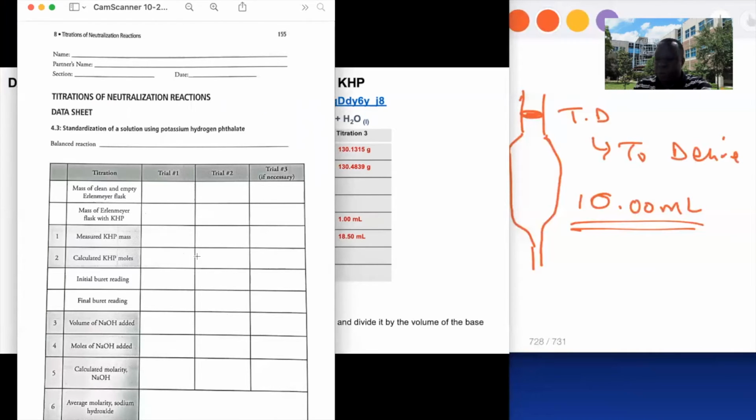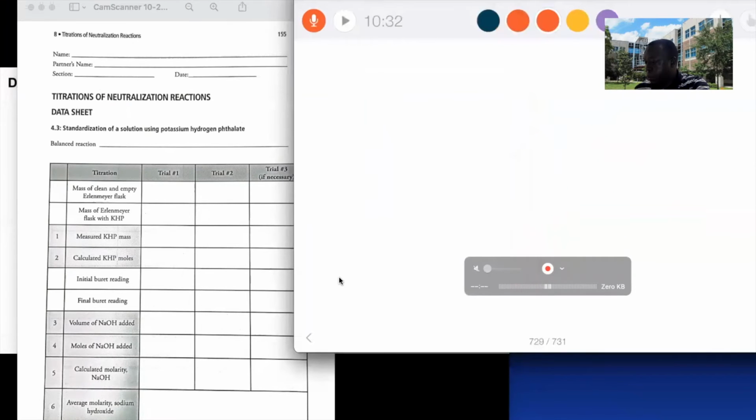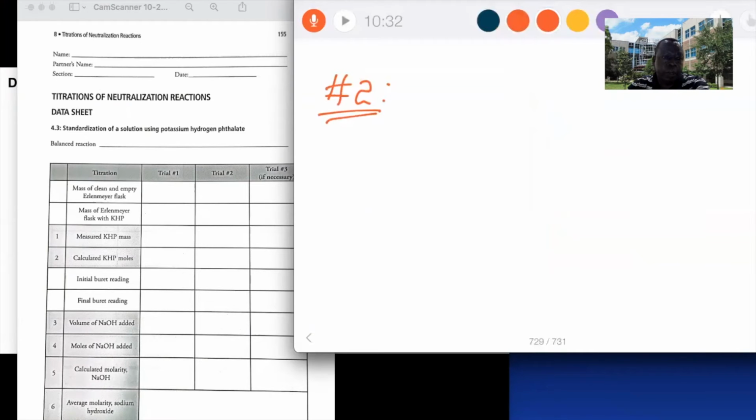Now, for line 2, number 2, I want you to take notes on each line. Line 2 is the number of moles of KHP, which is going to be the mass of KHP, and please use the correct molar mass to find the number of moles.